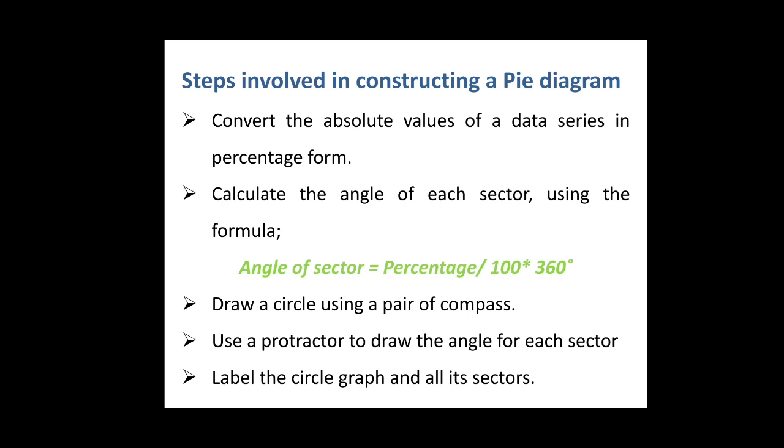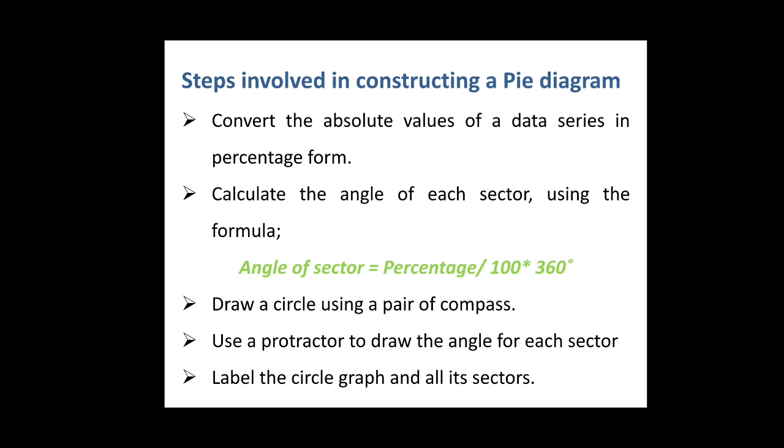Dear students, the third step is to draw a circle of appropriate size with the help of a compass. After drawing a circle, the fourth step is to use a protractor to draw the angle for each sector.